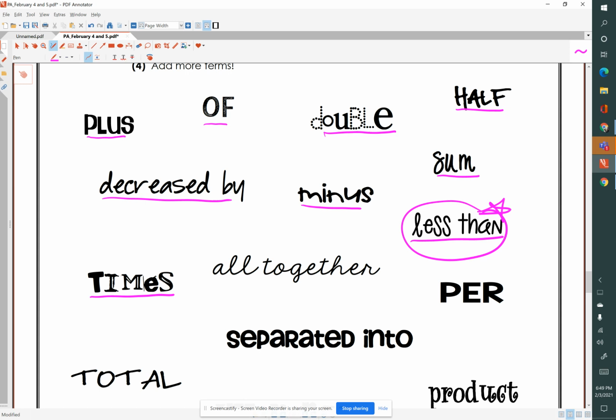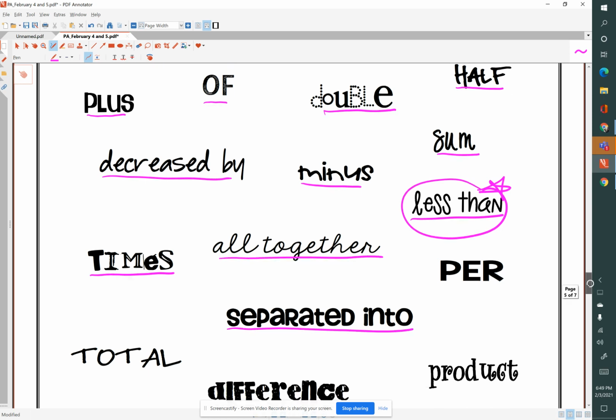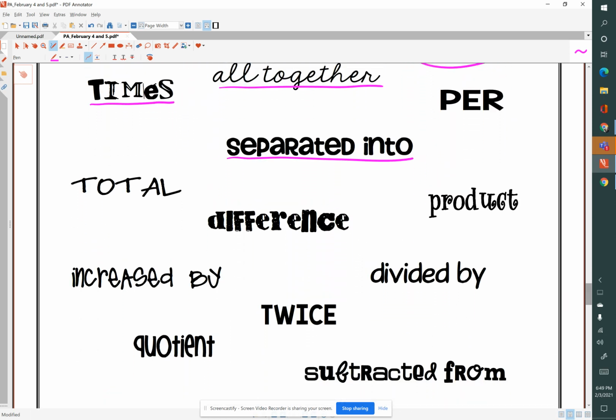We also have separated into, which is division, altogether, which is usually addition. Total is usually addition. Product is the answer when we multiply. Difference is the answer when we subtract. Divided by is when we're putting things into separate groups.